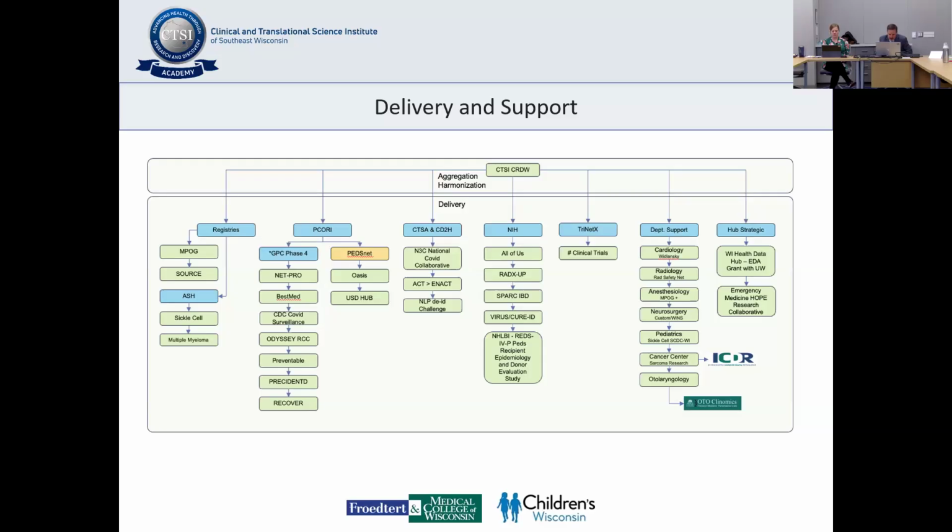CTSAs, we have a number of studies there. NIH, TriNetX for a number of clinical trials as well. I'll talk a little bit further about that in a moment. And then department support: cardiology, radiology, anesthesiology, neurosurgery, pediatrics, cancer center, and otolaryngology. We support a number of different initiatives in each of those departments.